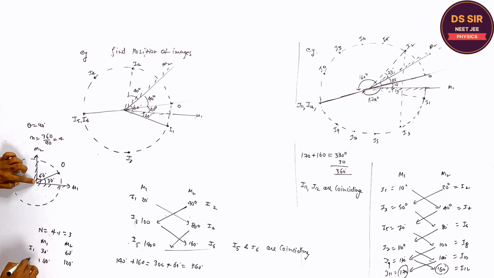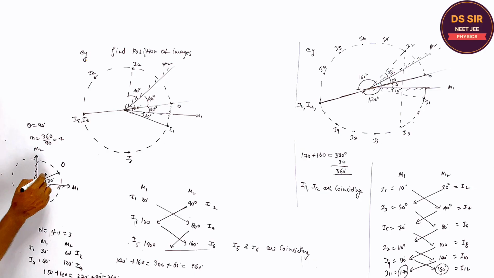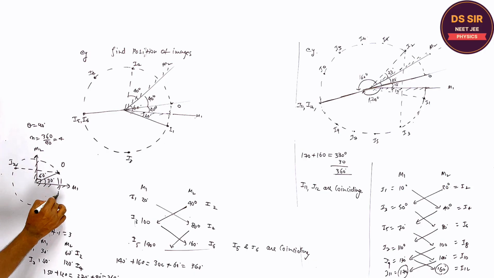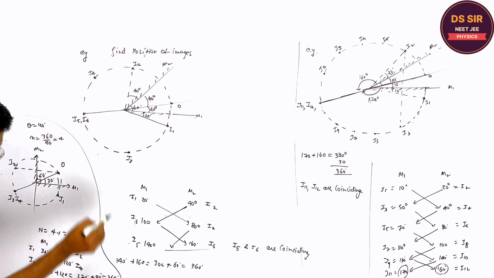This is the I1, I3, I2, I4. If you add 150 plus 120, it is what? 270. 270 plus 90 is equal to 360. It means I3 and I4 are coinciding. So its image is I2, its image is I1, and the one image will be like this, I3 and I4. If you want to make this illustration, you can copy this.